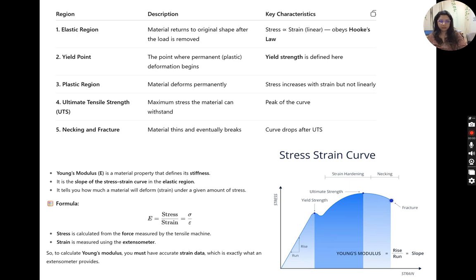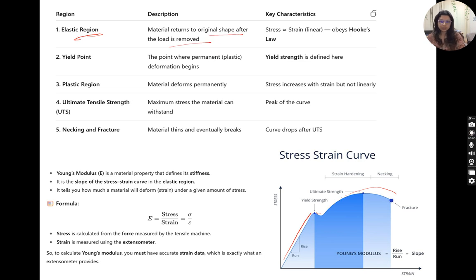If you look at the stress-strain curve, the stress-strain curve of the tensile testing of a polymer generally looks like this, in which first it will go like this, and then after the yield strength, it will go like this, and then the fracture. The first region is the elastic region. In this case, the material can return to its original shape after the load is removed.